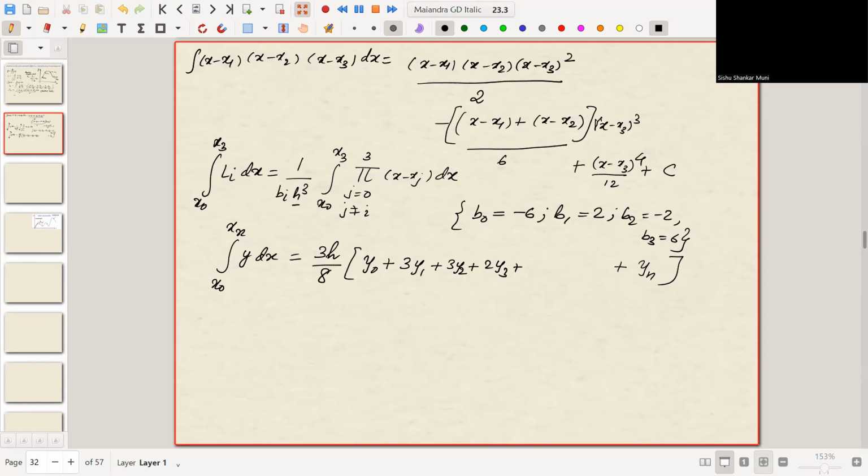That symbolic sequence will follow again and again. Y0 and yn you keep undisturbed. The remaining 3, 3, 2 code repeats. So after this 2y3, there will again be 3, 3, 2, then again 3, 3, 2.